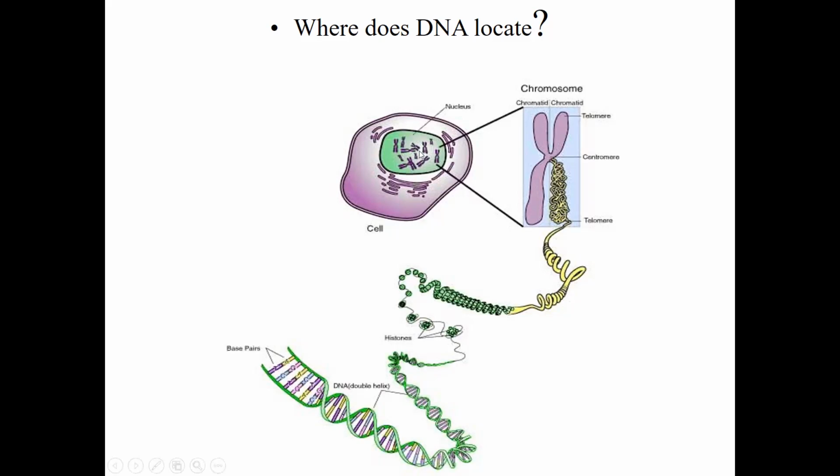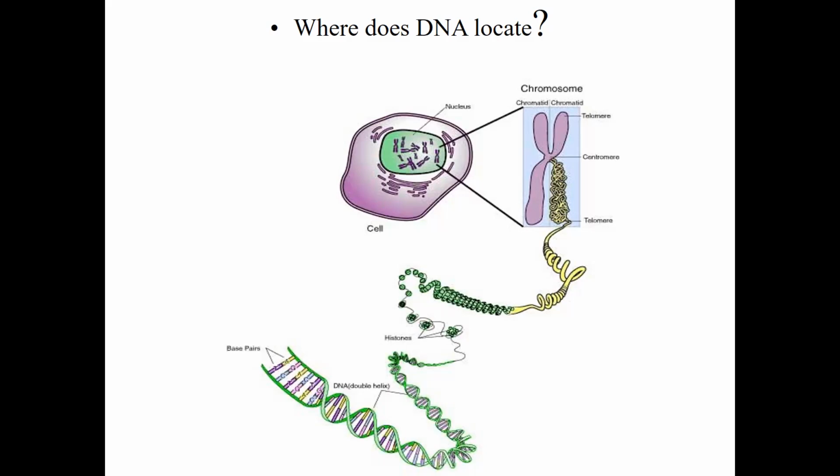Now the question is, does DNA locate only in the nucleus? In the case of eukaryotic organisms, DNA locates not only in the nucleus. For example, in humans, plants, and other eukaryotic organisms, DNA locates also in the mitochondria, and small mitochondrial DNA are also there.